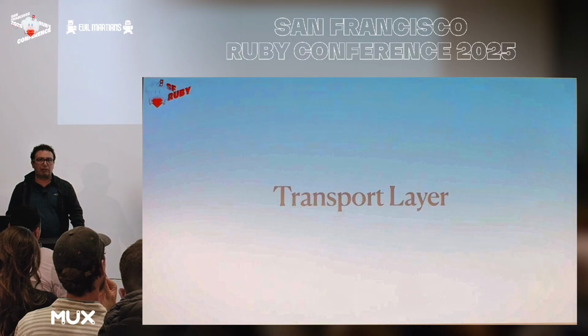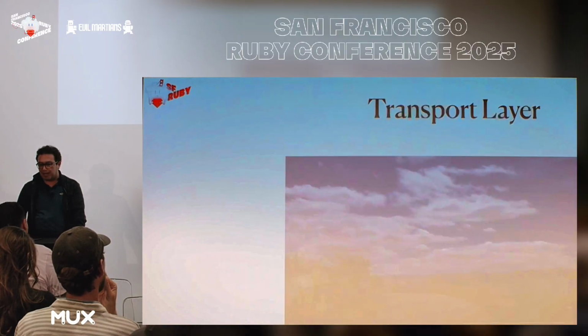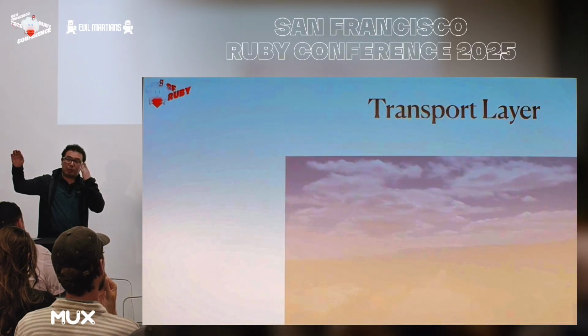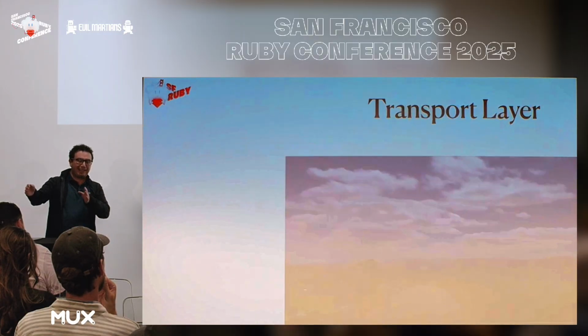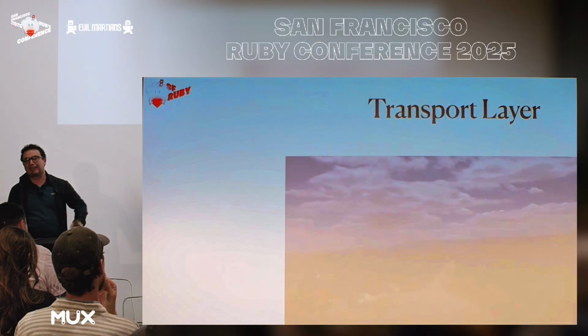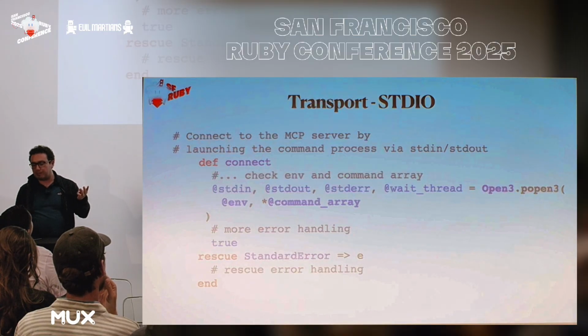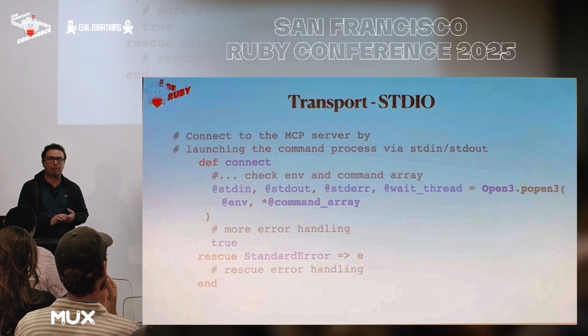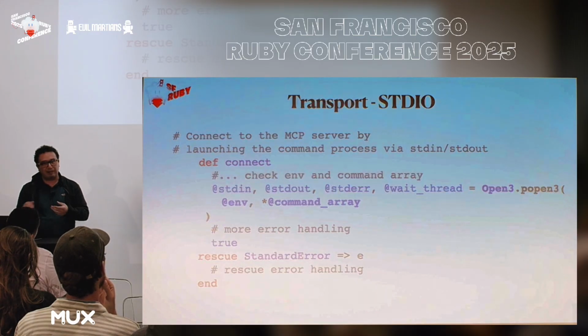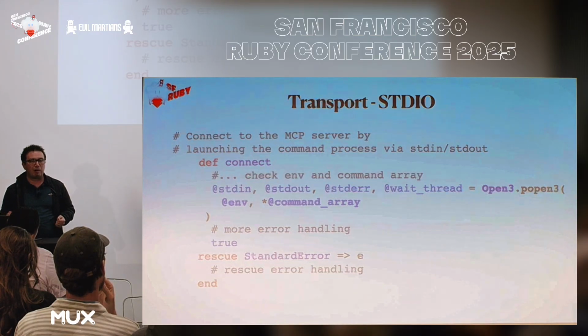Let me tell you a little bit about the transport layer. The transport layer is what happens between the Ruby client and the Ruby server. And there are 3 types of transport. The first one is standard input, standard output. And here the MCP client uses Open3.